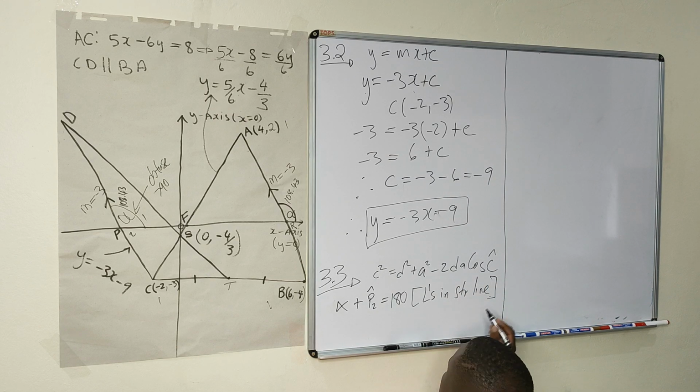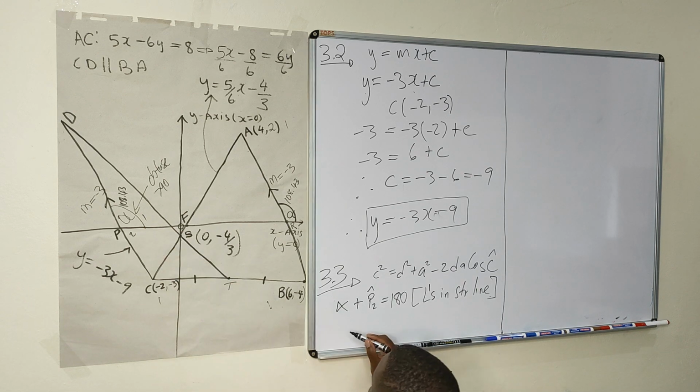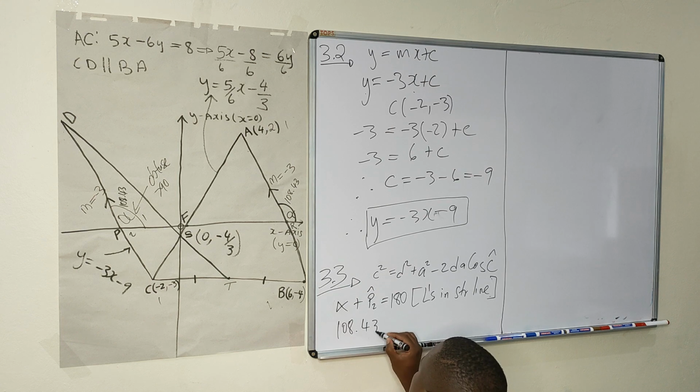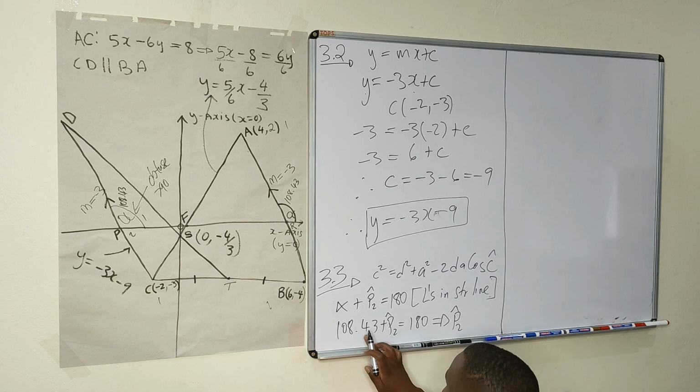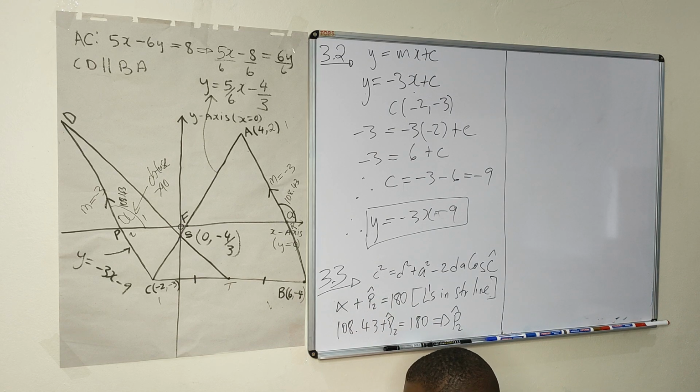So I have that alpha is 108.43, plus angle P2 is equal to 180, which means angle P2 is equal to, transposing this side, 180 minus 108.43.